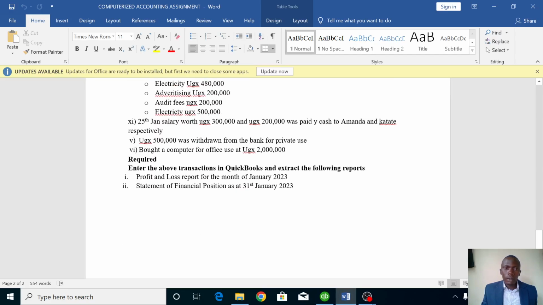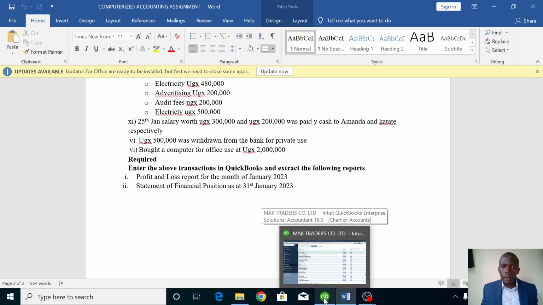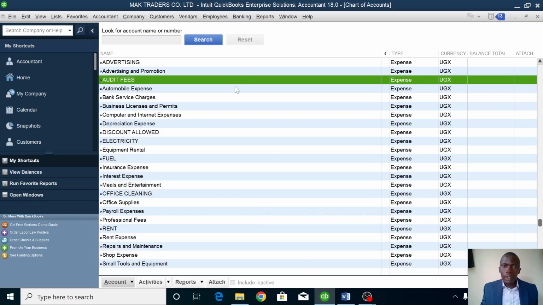We are on number 11, saying on 25th January, salary worth 300,000 and VGX 200,000 was paid by cash to Amanda and Katate respectively. So it is also a journal entry.